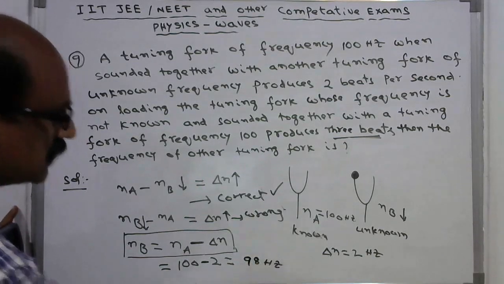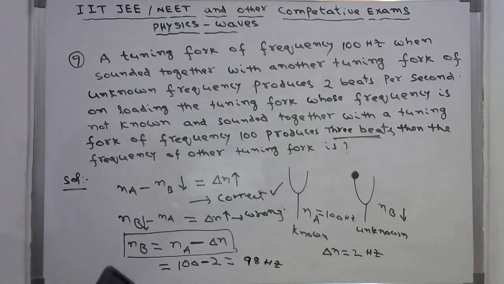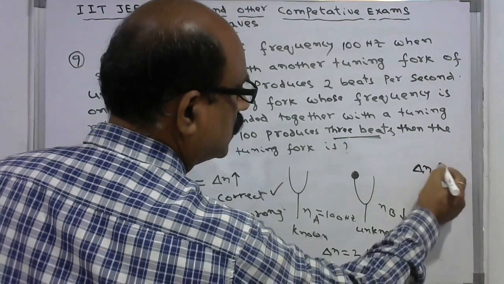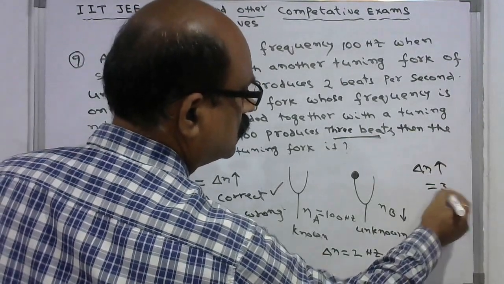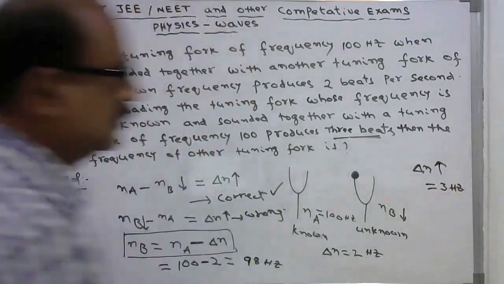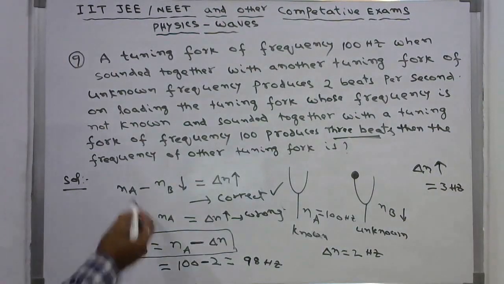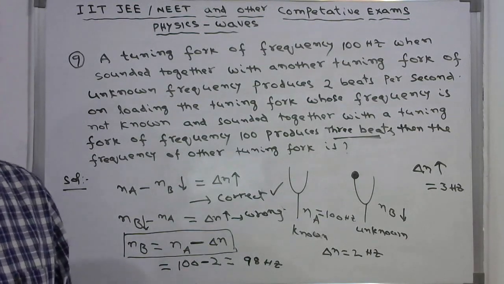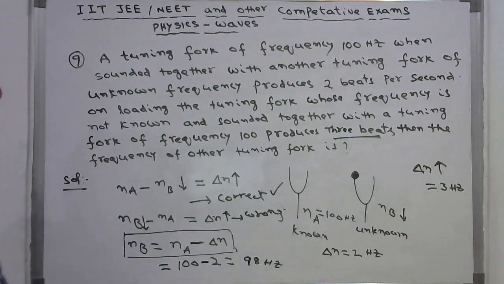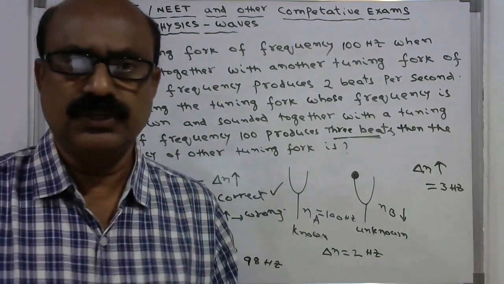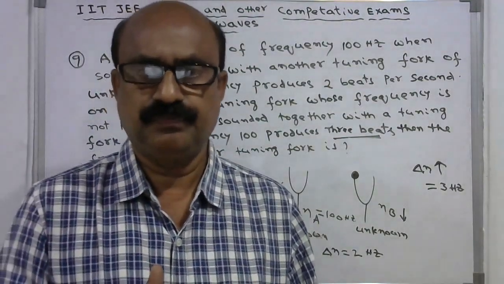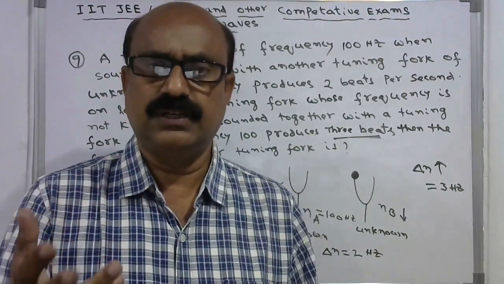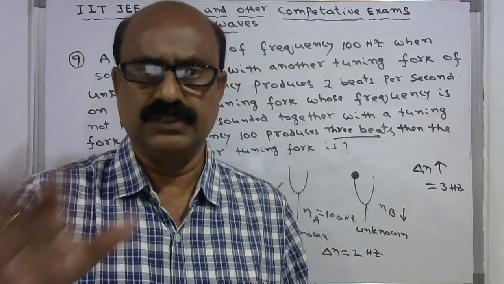So this is how we have to solve the problem. So in this case delta N rises, that becomes 3 Hz. So this can be correct. This is also another type. So what you have to do is simply keep in your mind that on waxing naturally the frequency of that particular tuning fork will decrease.